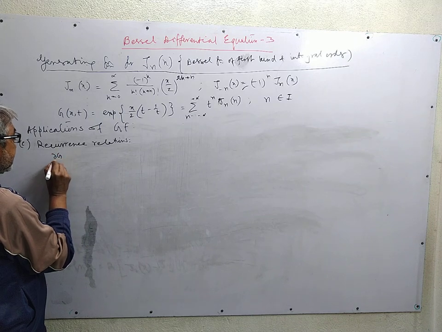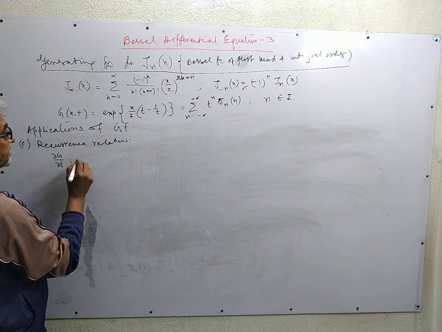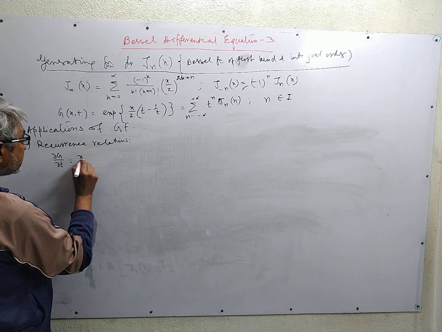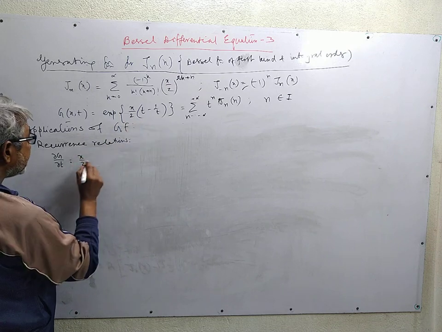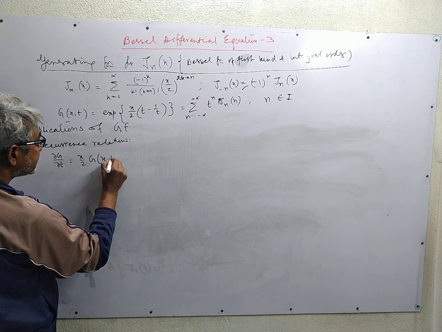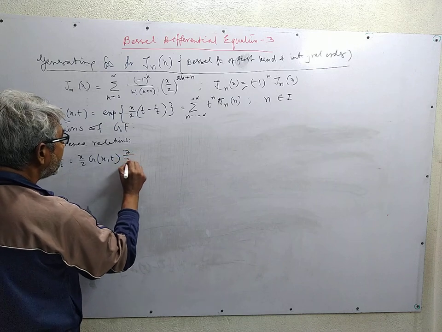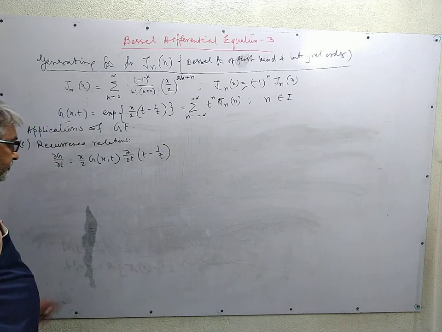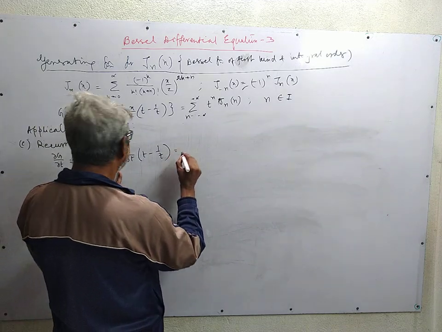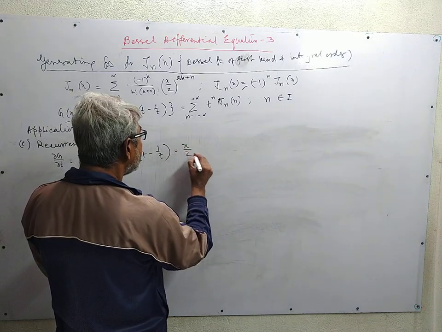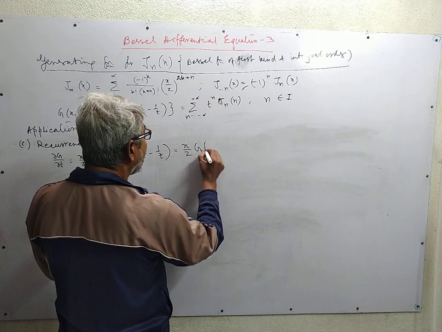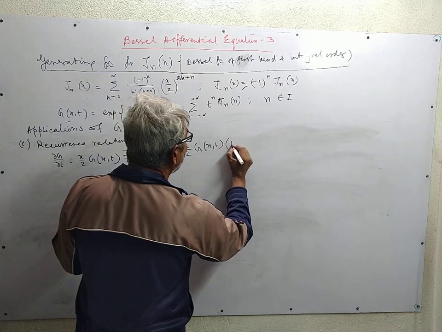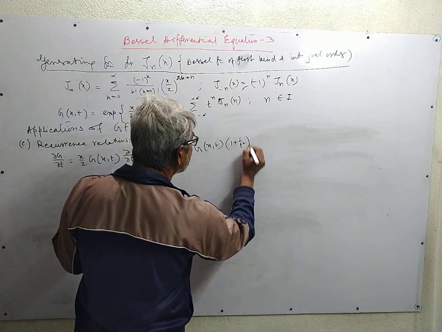So we write del g del t. As this is the expression, we get x by 2, which is again g of x,t, and then we have del t of t minus 1 upon t. So this is equal to x by 2 g of x,t, and this part is 1 plus 1 upon t squared.